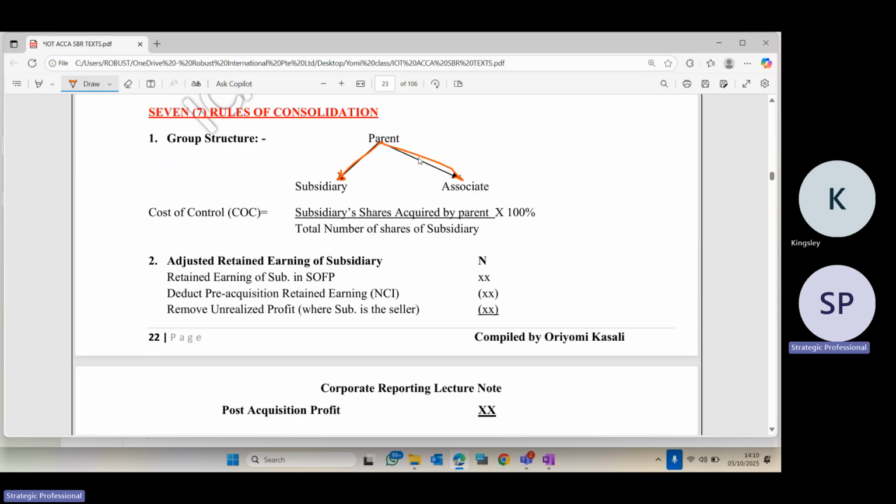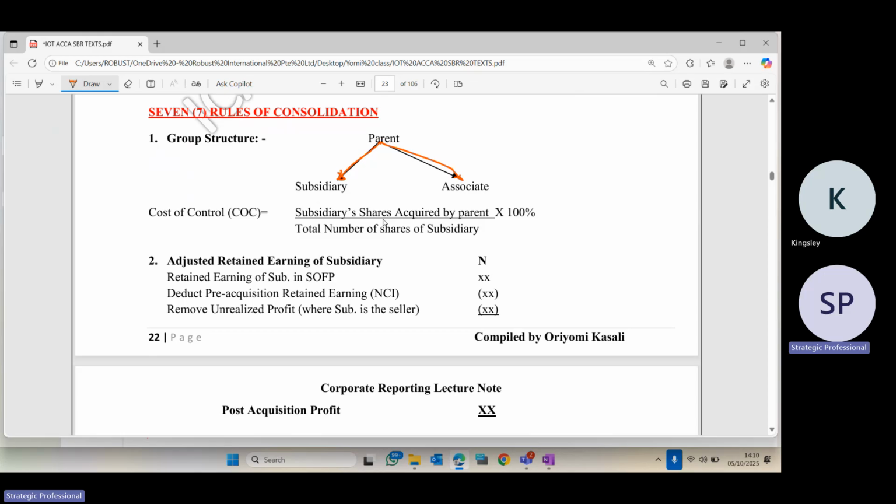Having said that, to calculate the cost of control, it must be the subsidiary's shares acquired by the parent company divided by the total shares of the subsidiary multiplied by 100/1. That is going to give us the cost of control.